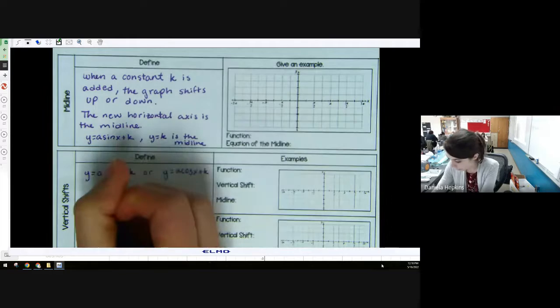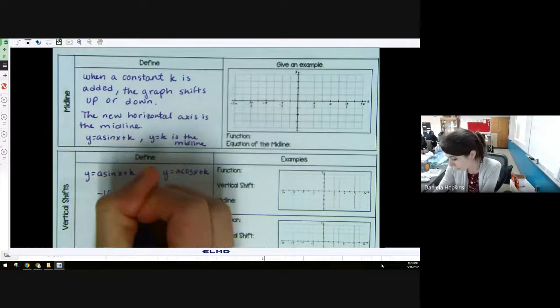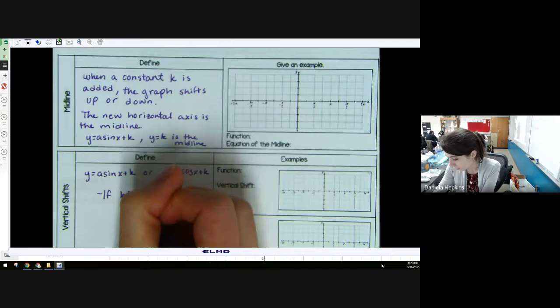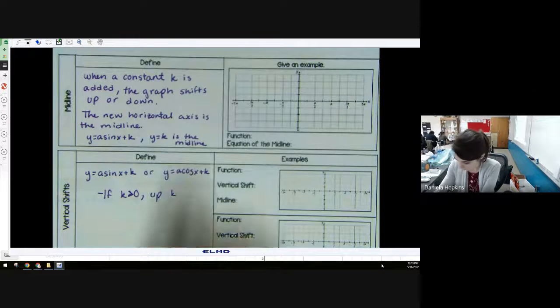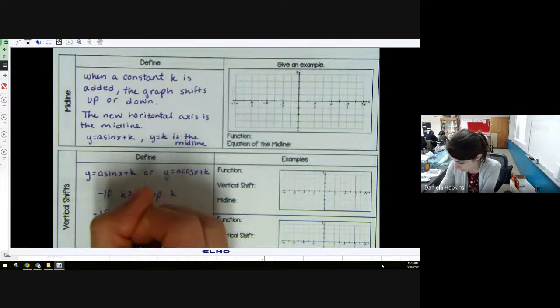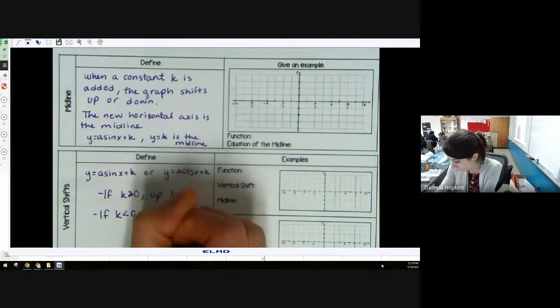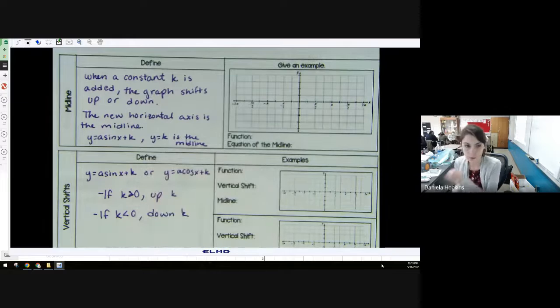And the rule is if k is positive, or greater than 0, up k units. I'll just say up k. If k is negative, or less than 0, down k units, or down k.